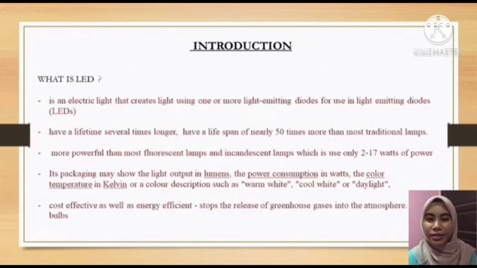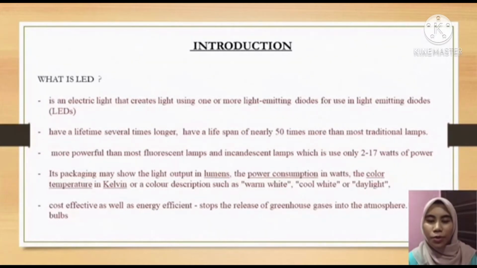Before we start discussing the problems and their solutions, we must know what LED is. LED is an electric light that creates light using one or more light-emitting diodes. It has a lifetime several times longer, nearly 50 times more than most traditional lamps.